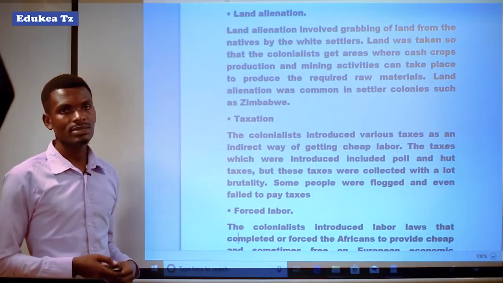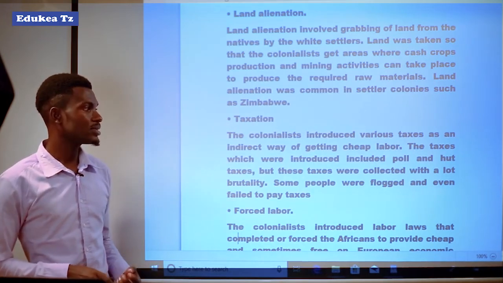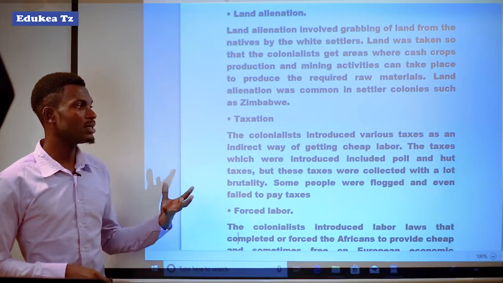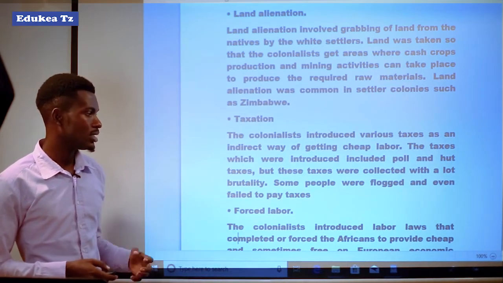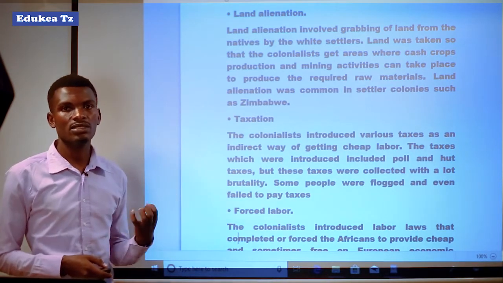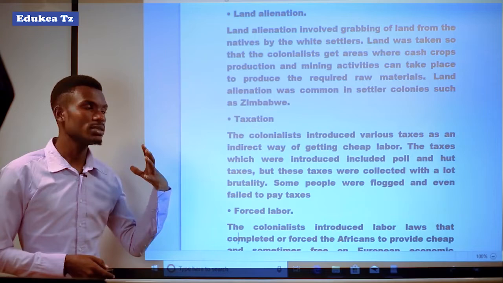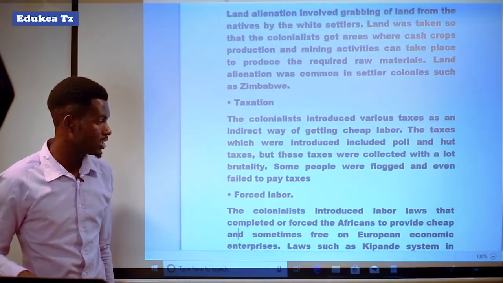Due to those taxes, the Africans were being exploited by the colonialists, and that's why they decided to wage African nationalism, or to go against those taxes introduced by the colonialists.